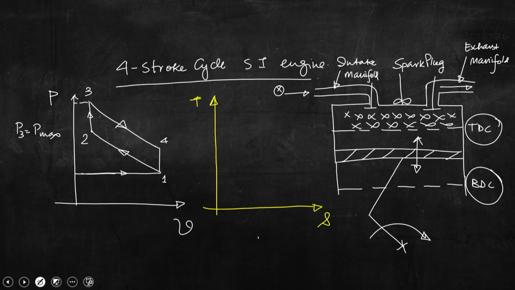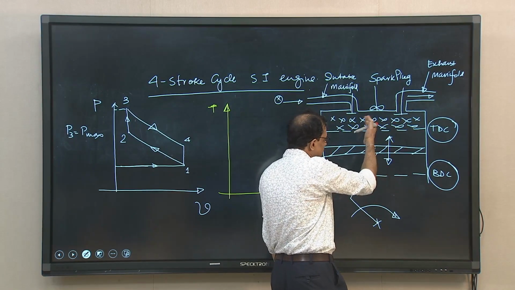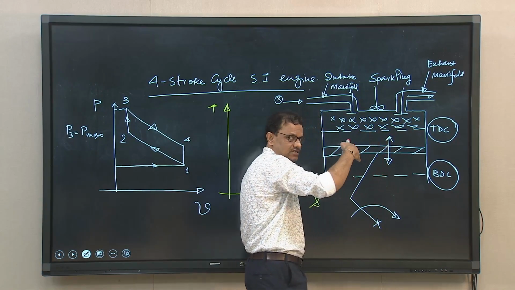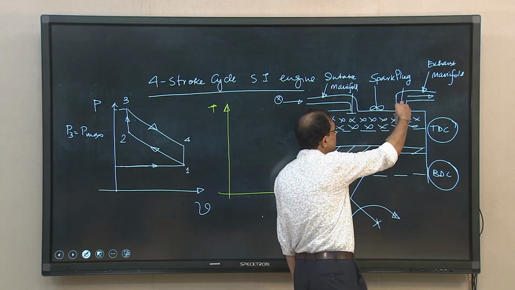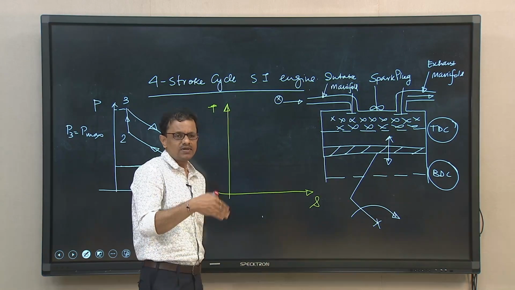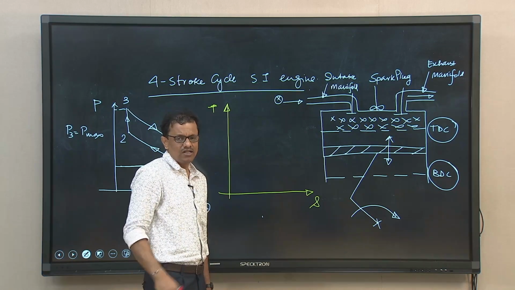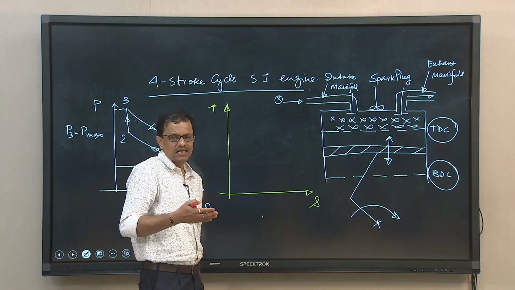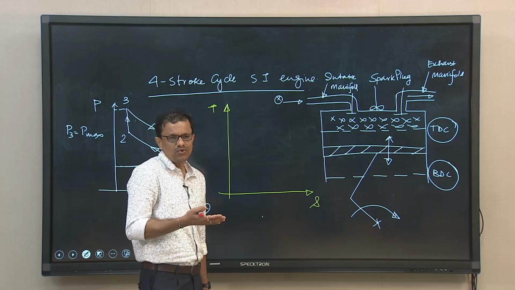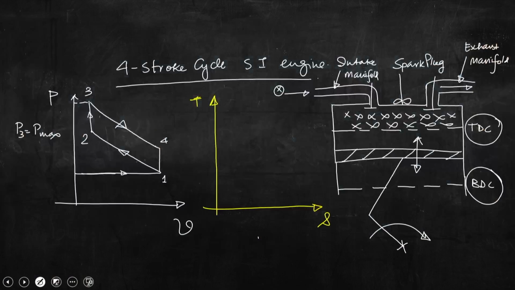When the piston is at BDC at the end of the power stroke, we need to open the exhaust valve immediately, so that the high pressure gases inside the cylinder will leave momentarily when we open the exhaust valve. When combustion gases are leaving the engine cylinder, those gases will carry certain enthalpy. So, we will have energy loss, heat loss. That is 4 to 1.